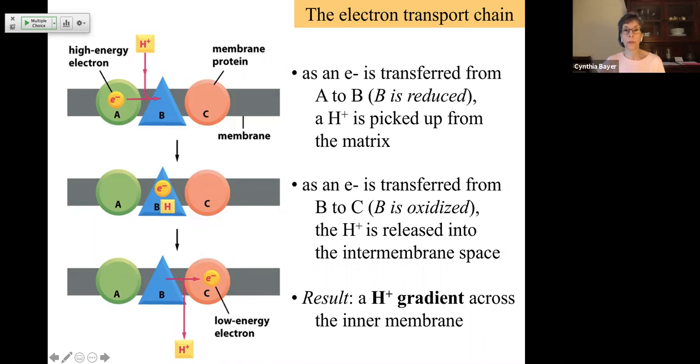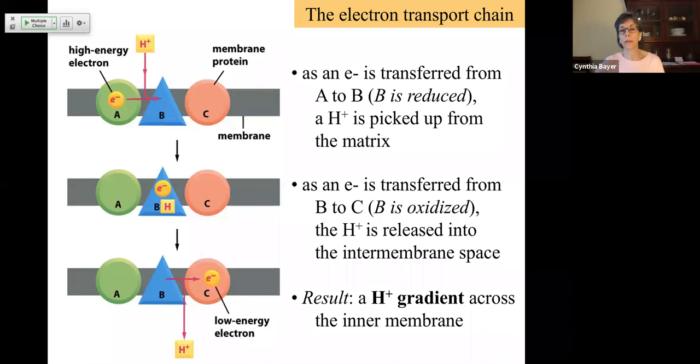When this type of electron transfer and picking up and releasing of protons to the other side occurs over and over again, we end up with a proton gradient across the inner membrane, with a higher concentration of protons in the intermembrane space. So what we're showing here is the coupling of electron transfer and creation of this proton gradient.